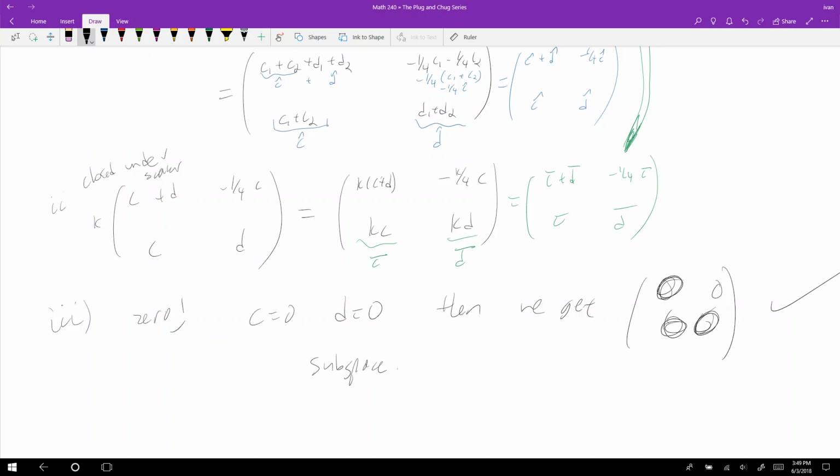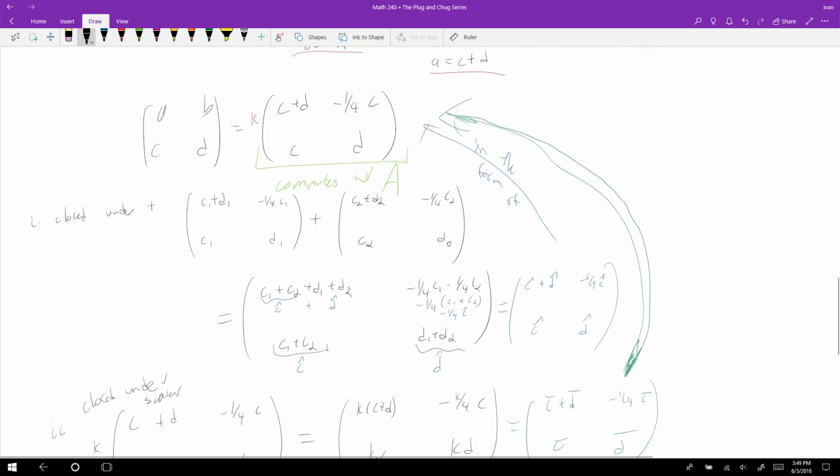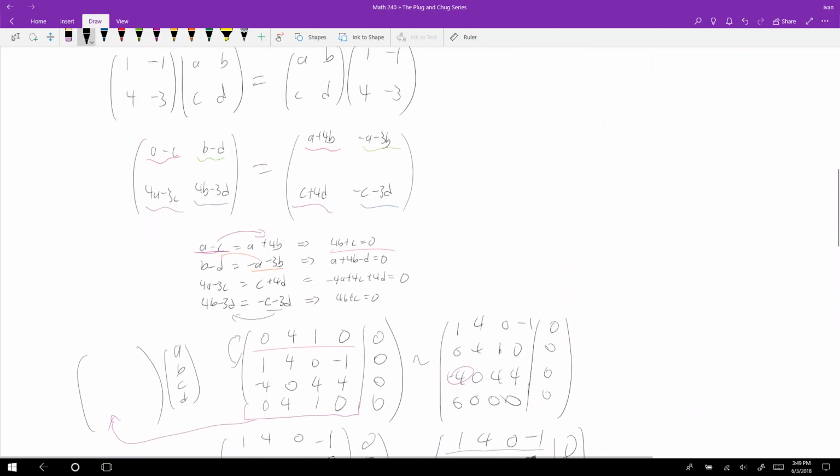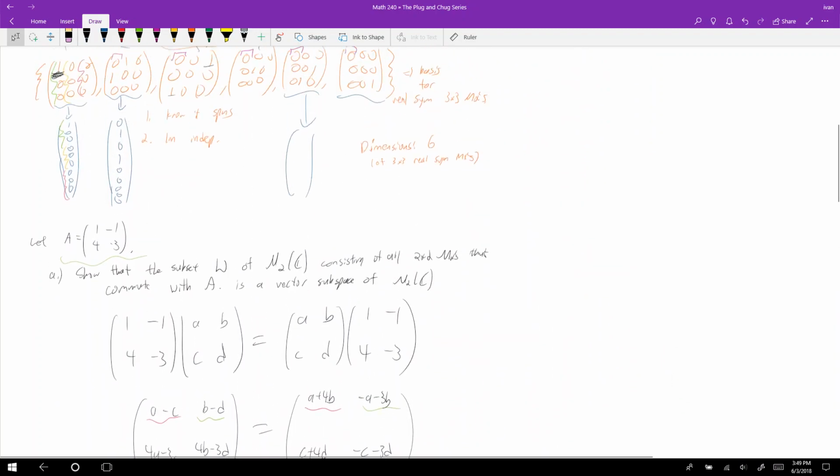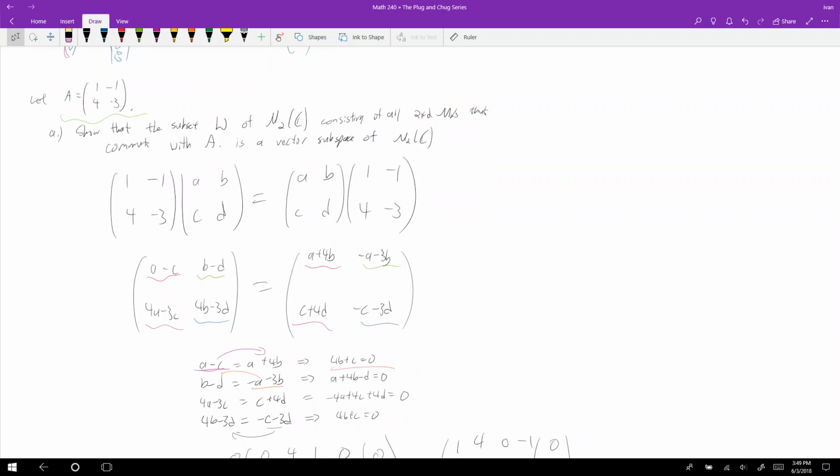Okay, that was a lot of work, but all we did was show that every matrix that commutes with the matrix 1, negative 1, 4, negative 3 forms a subspace of 2x2 matrices.